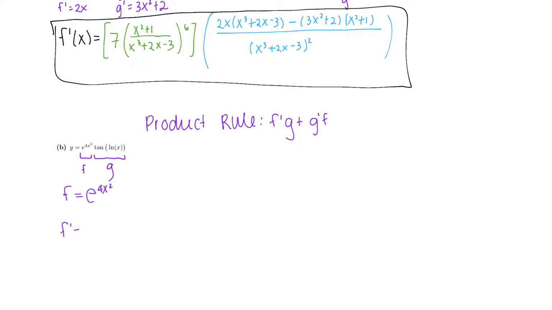For that derivative, we have to use chain rule. And remember, with e's, it's the derivative of the exponent times the original thing. So the derivative of the exponent, 4x squared, is 8x. And then e raised to the 4x squared. So leave that part alone.